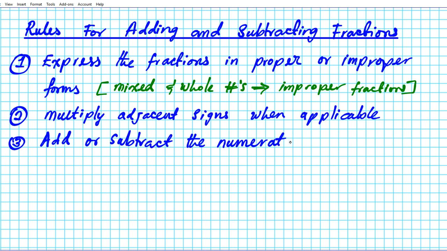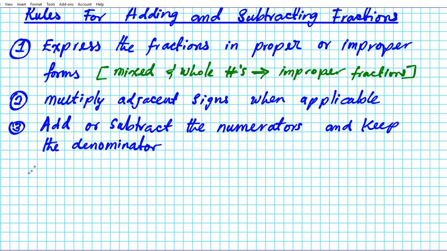So add or subtract the numerators and keep the denominator. So that's how you add it. And then lastly, in certain cases, you might have to reduce your result to its simplest form.